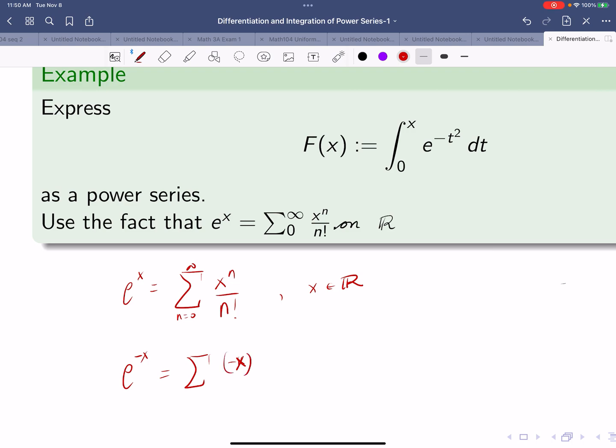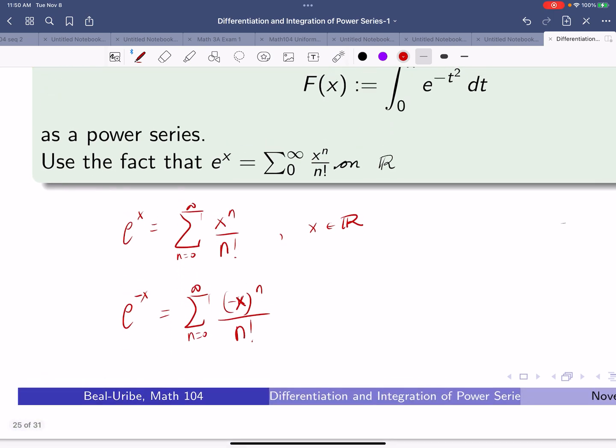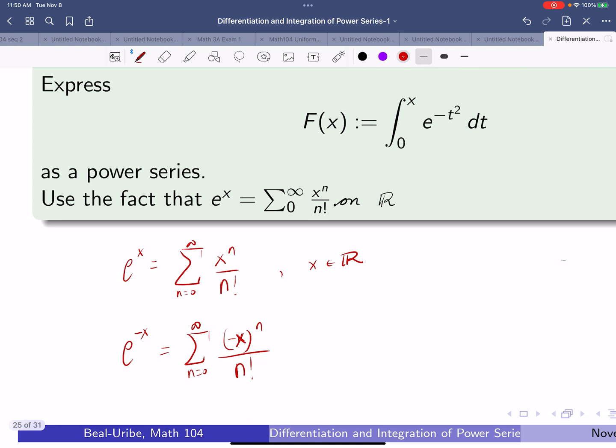So e to the minus x is going to be equal to the sum from 0 to infinity of minus 1 to the n, x to the n, over n factorial. And then the other thing I can do is replace x with t squared.